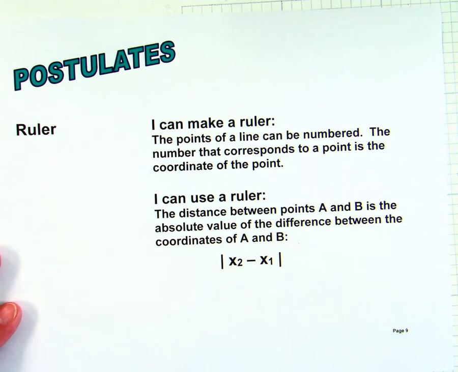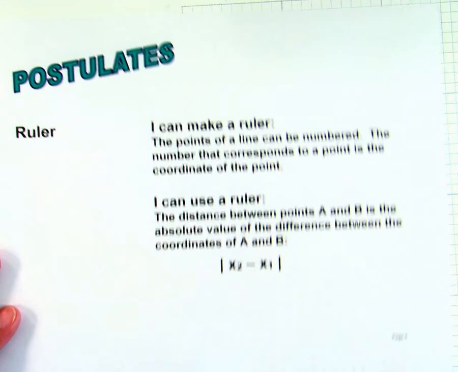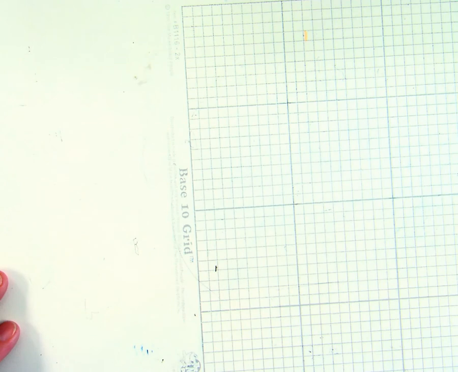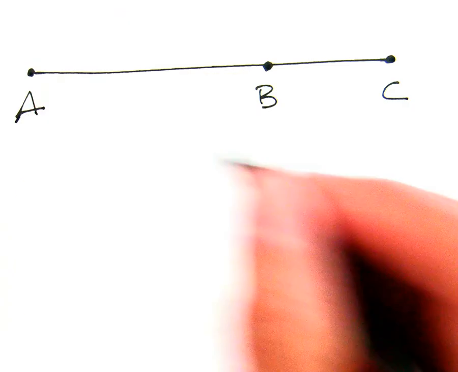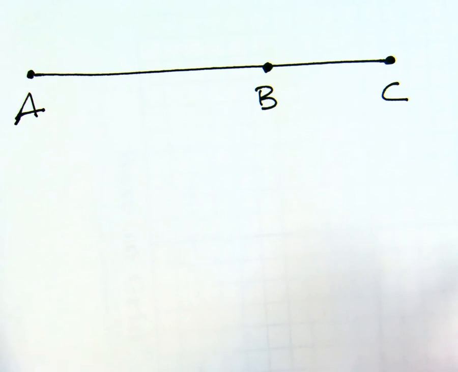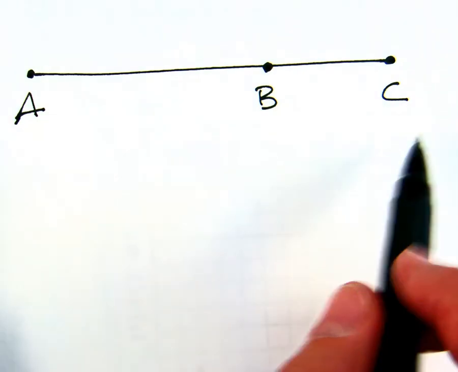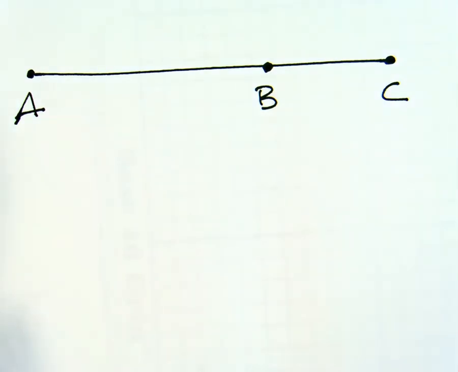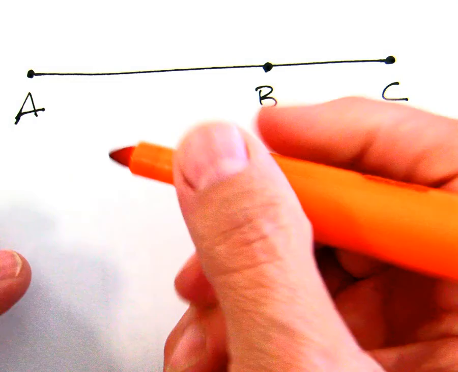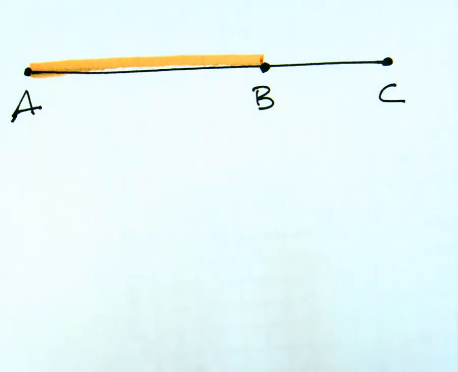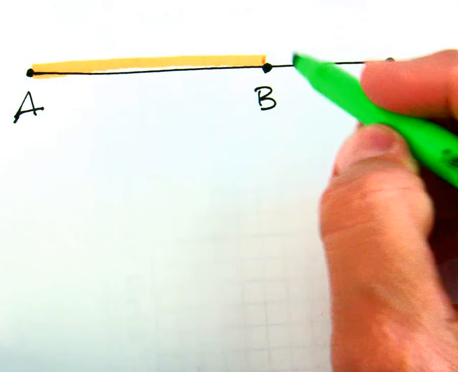Okay, so now we'll do segment addition. Let's see how that'll work. Here we have a line segment AC, and notice that B is between A and C. That creates two smaller constituent line segments, AB and BC.